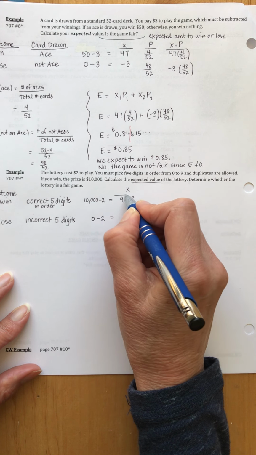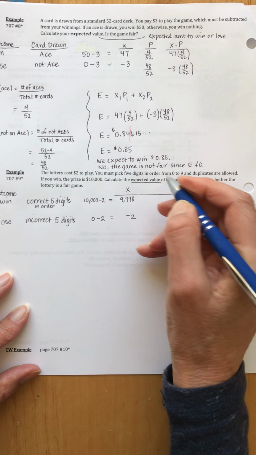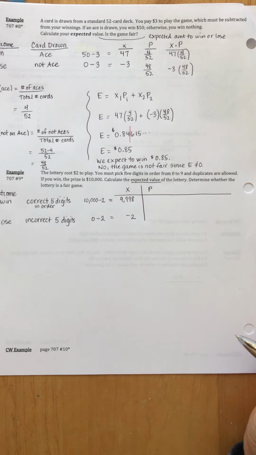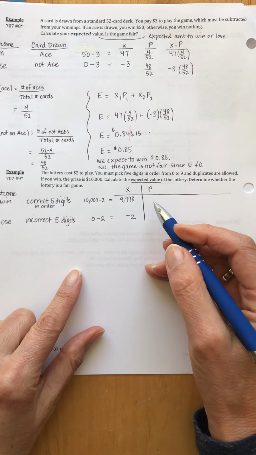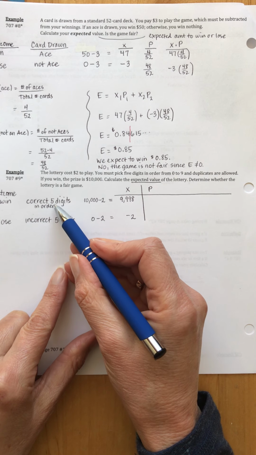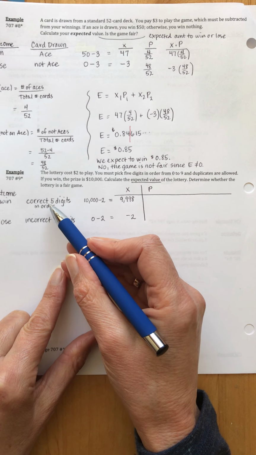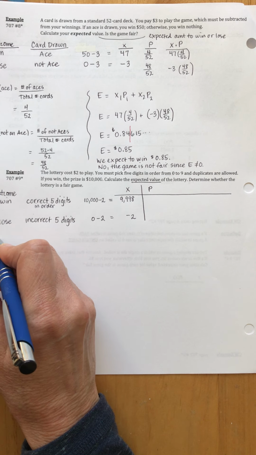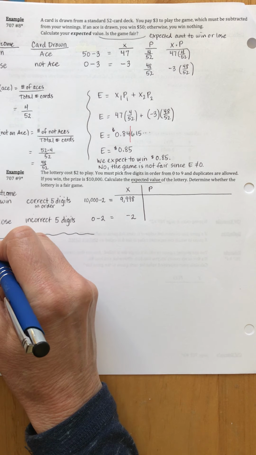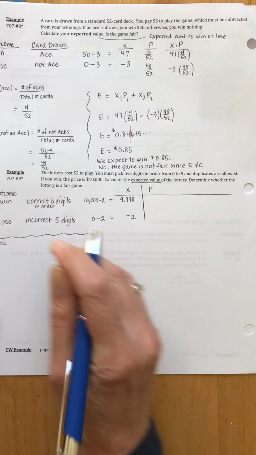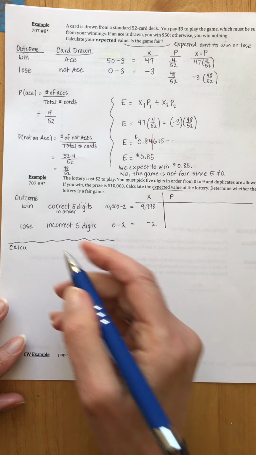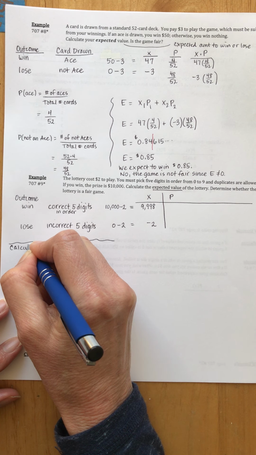Okay, now we need to go ahead and find our P, our probability associated with each of these. When we figure out our probability, we're going to say, how do we choose the correct 5 digits? Okay, calculate probabilities down here. Let me move this over a little bit, make sure you can see all of that.